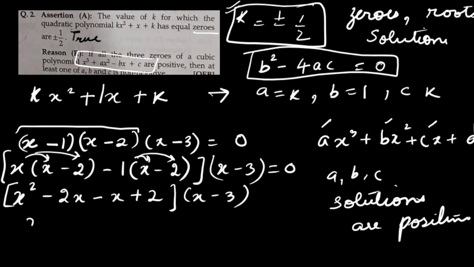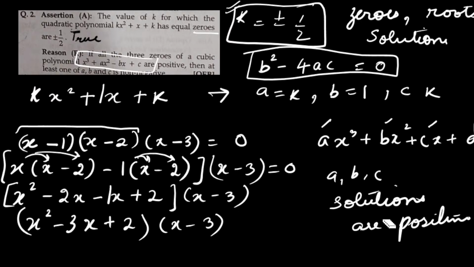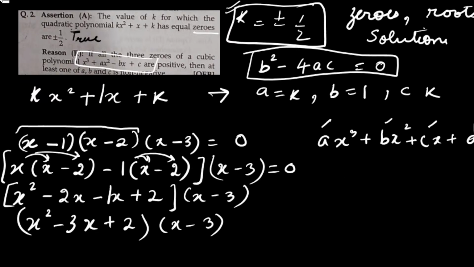Again I'll simplify: x square minus 2x and minus x, what will it become? Minus, minus, plus with a minus sign. So minus 2 minus 1 is minus 3, plus 2. Again let's multiply this with x minus 3. Two brackets we have to multiply, simple bracket multiplication. First let me multiply x with this full bracket, x square minus 3x plus 2.